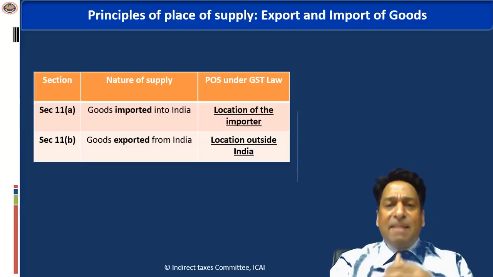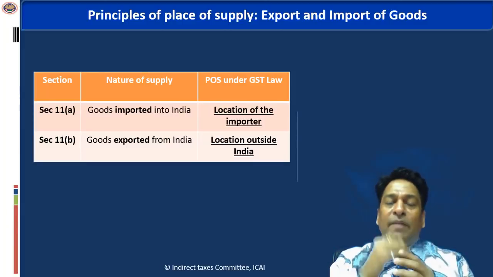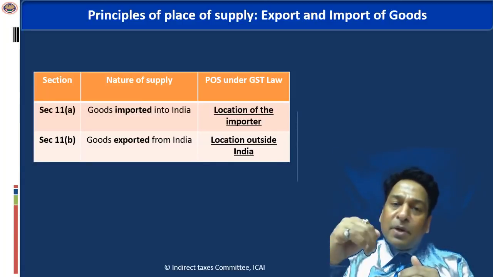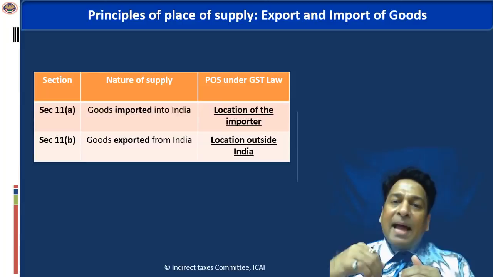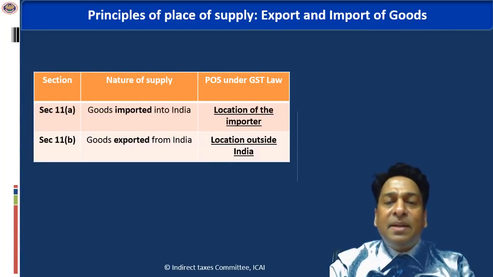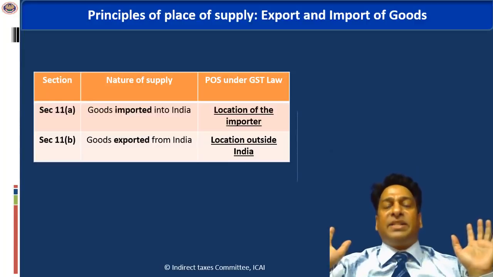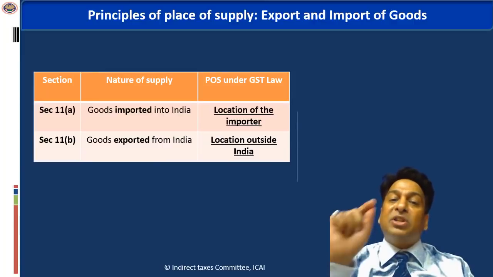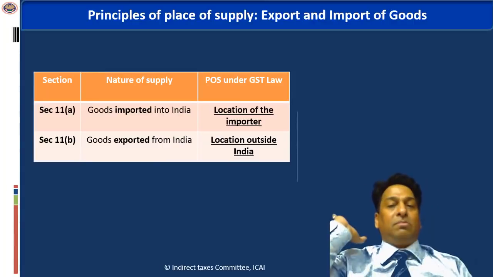Section 11 is going to play an important role. Whenever I say place of supply while discussing export of goods, the place of supply would be a location outside India, Section 11 subsection B of the IGST Act. When you talk about import of goods, place of supply would be the location of the importer.